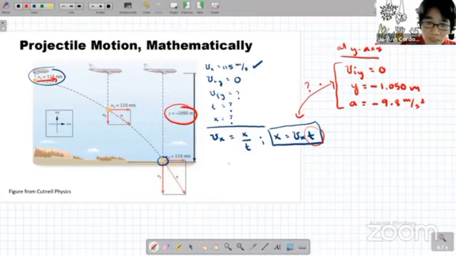What we know is that the time needed for the object to move forward, which is the t of x, should be the same time needed by the object to drop to the ground, which is t of y. So if we can solve for t of y, masasolve natin si t of x. And therefore, we can solve for x.